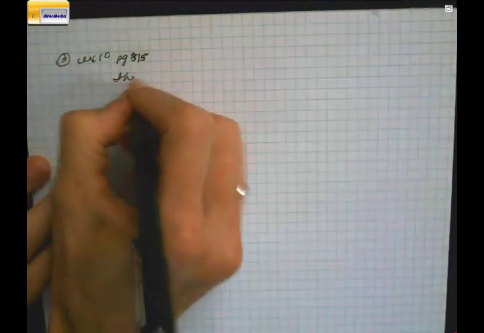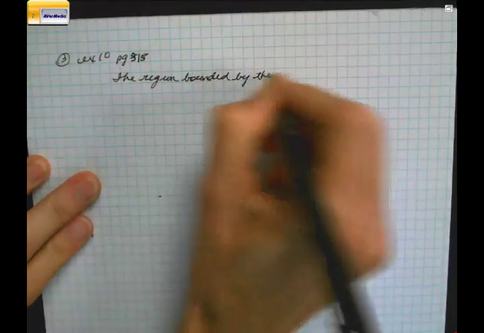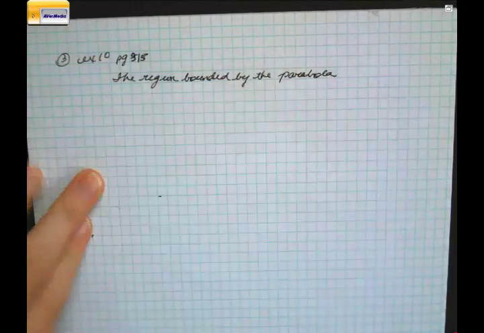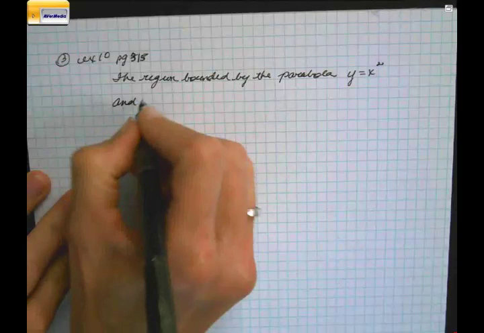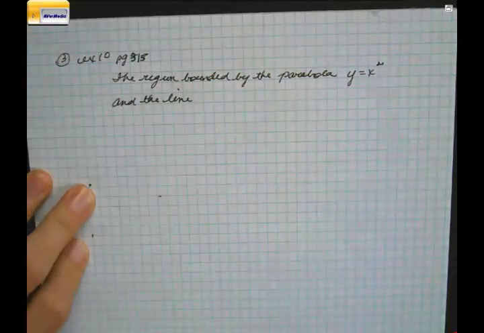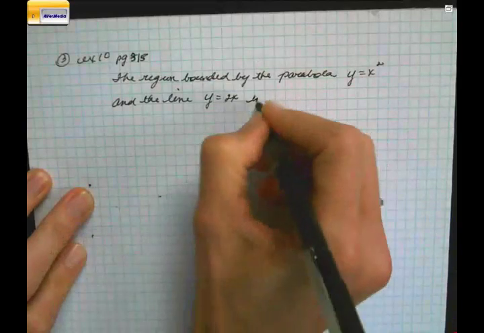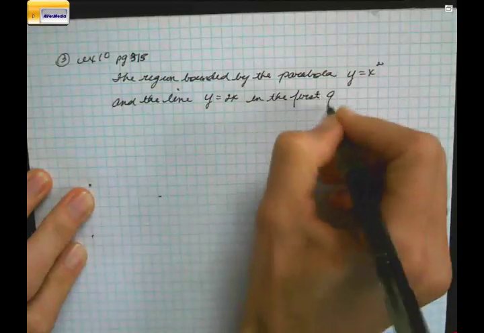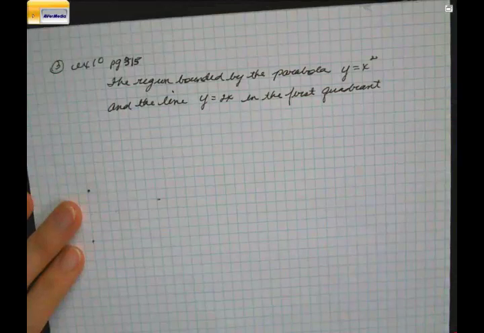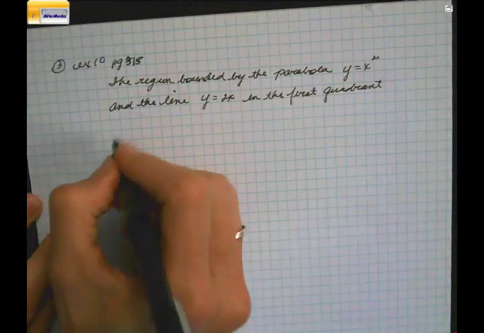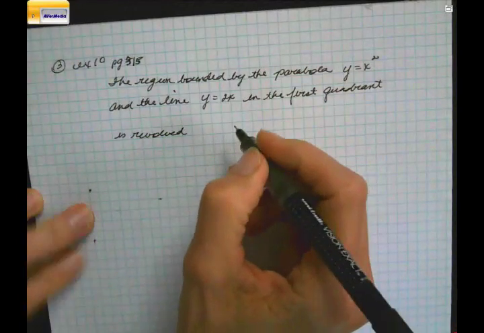The region bounded by the parabola y equaling x squared and the line y equaling 2x in the first quadrant is revolved about the y-axis.